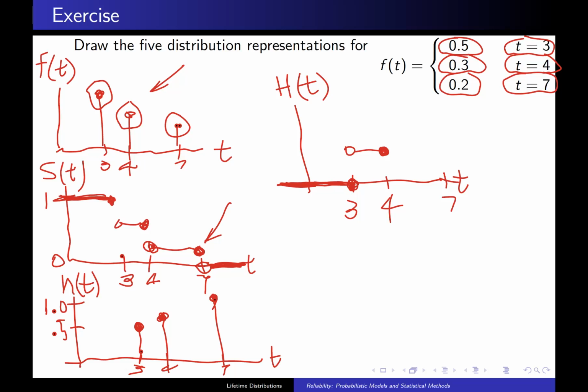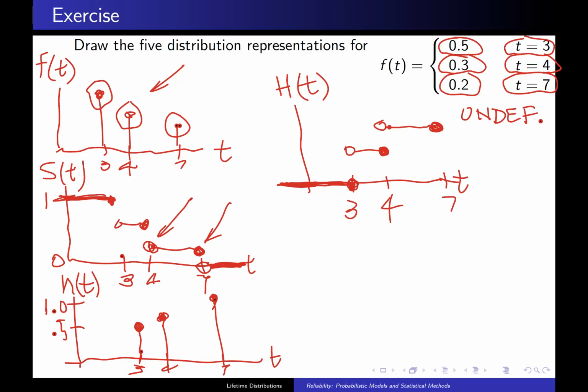And then at 4, it takes another jump, and now it is at the opposite of the log of 0.2, and then finally at 7 you're taking the opposite of the natural log of 0. You can't take the natural log of 0, so in this region out here this function will be undefined.